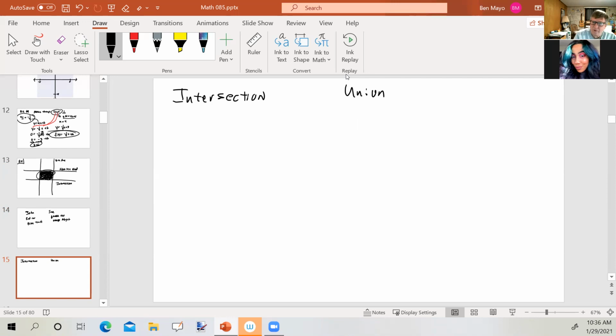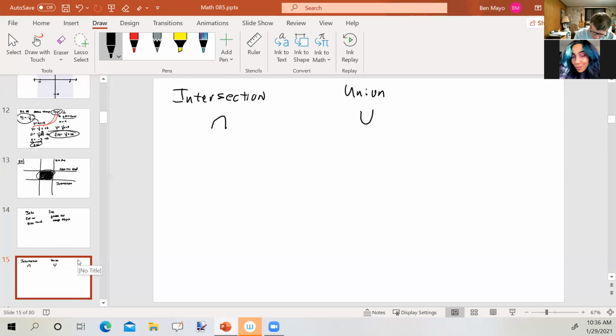One of the symbols that we use for union looks like a U. That's pretty obvious. Intersection is an upside down U. So the symbol for union looks like a right side up U, and for intersection it's an upside down U. So with that in mind, let's take a look at some problems.